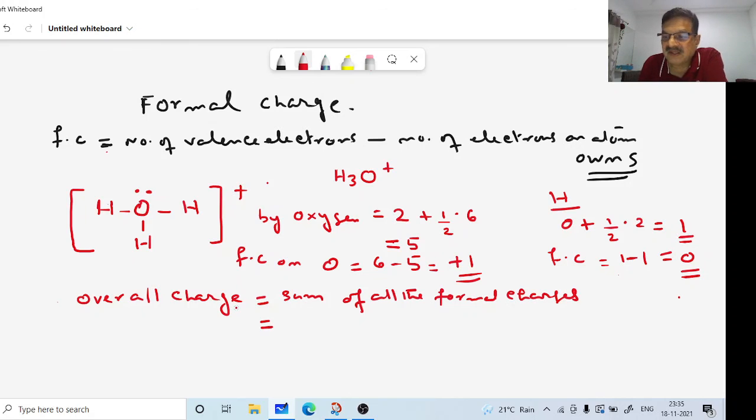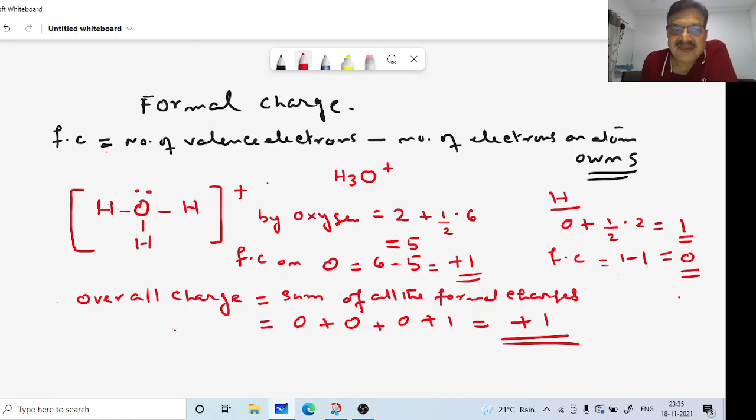Oxygen we have plus 1, and all the 3 hydrogens have formal charge 0, 0, 0. Then oxygen we have plus 1. Therefore, the overall charge on the particular ion is plus 1. That is the sum of all the formal charges. So I hope you have understood the concept of formal charge. Thank you very much.